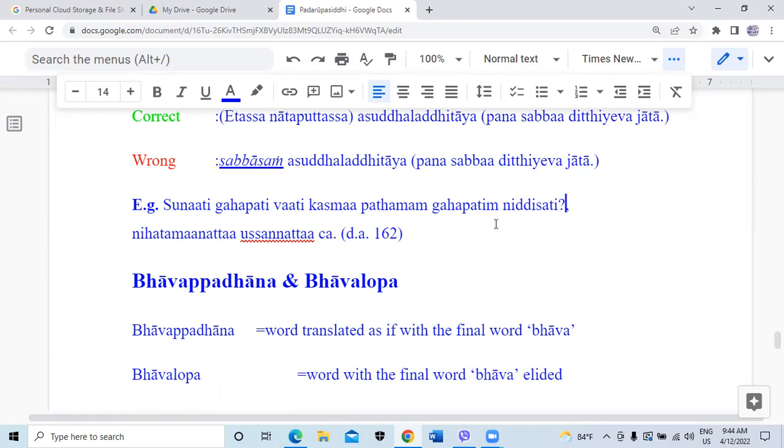So this is one sentence. What is the subject of nidhi sati? Someone else. We don't know who it is, it's not in the context. Without context, we don't know.